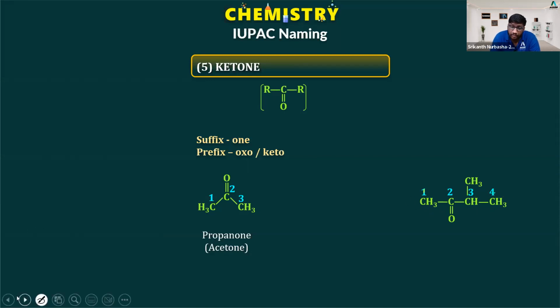So 3-methylbutan-2-one. Do I have to mention 2-one or not? The one cannot be on the first carbon or fourth carbon or on the substituent third carbon. So I don't need to mention it again because that is the only carbon where I can have the one. If you want, you can write it also, not an issue. 3-methylbutan-2-one or 3-methylbutanone. That is also the same. 3-methylbutanone, right?